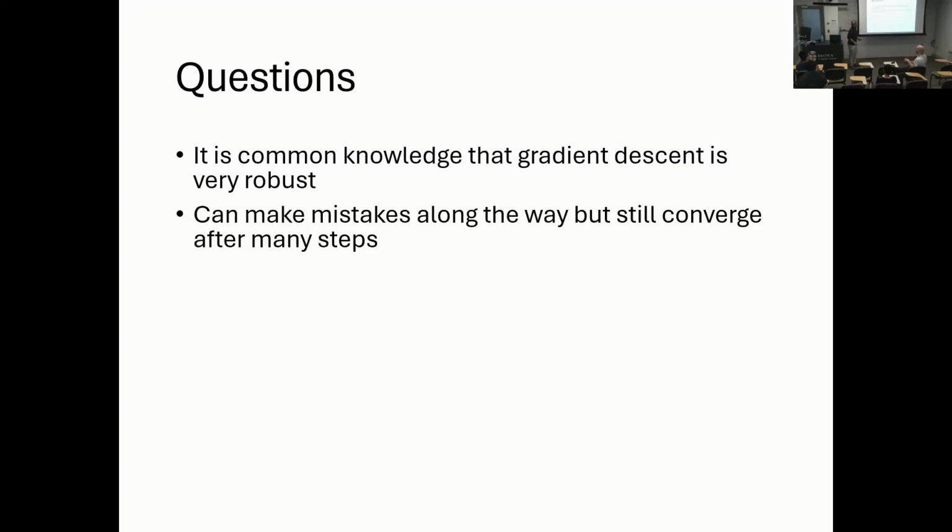The intuitive idea is that the algorithm sums up a lot of information along the way. Even if you make some mistakes along the way, sometimes going in the wrong direction and sometimes in the right direction, as long as you keep a bias toward the right direction, eventually you will converge after many steps. The intuition, at least for me, is something like this.